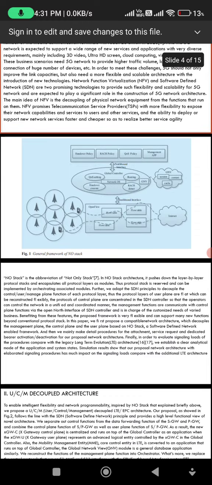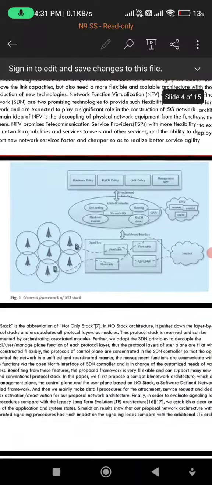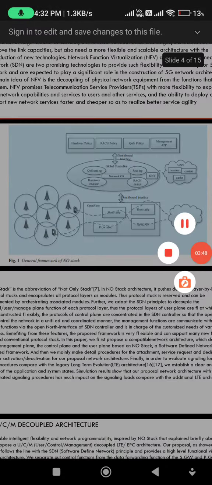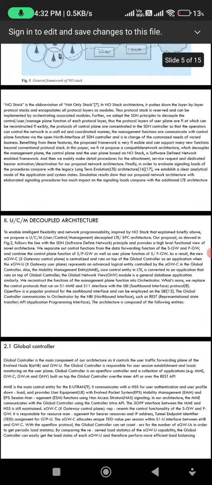The figure shows the general framework of NoStack. NoStack is the abbreviation of Not only Stack. In the NoStack architecture, it pushes down the layer by layer protocol stacks and encapsulates all protocol layers as modules.